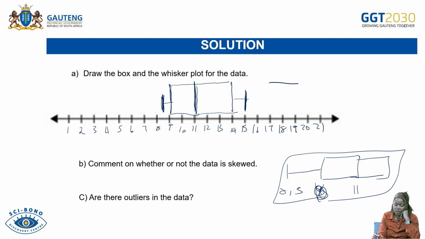Can you tell whether your box is skewed to this side or to this side? I can't tell, but I can see that the box is longer this side if you look at it nicely. So it looks like it is skewed to the right, ne? It looks like it is skewed to the right, but I'm not sure.